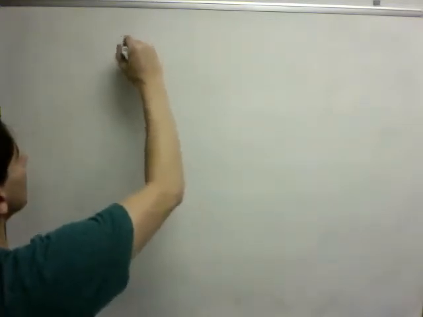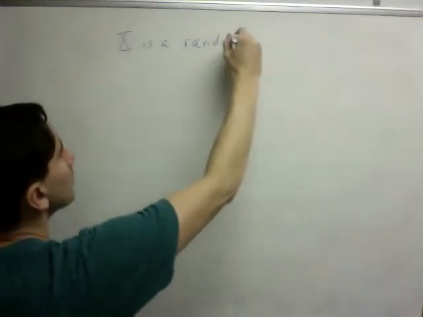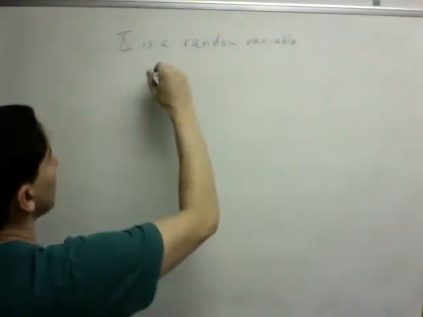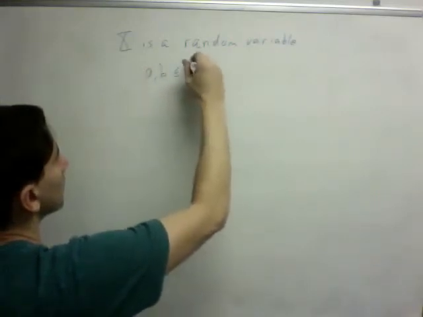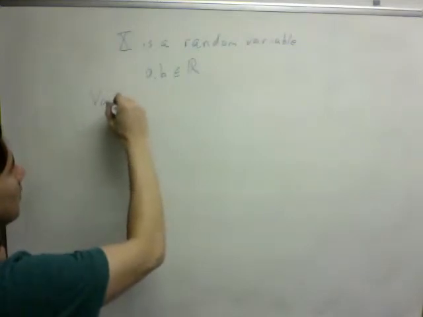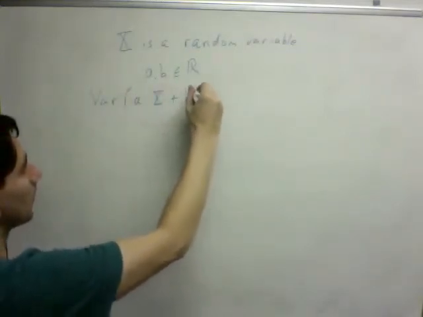So let's say that X is a random variable. And let's let a and b be numbers. So these are two real numbers. And let's compute the variance of aX plus b.